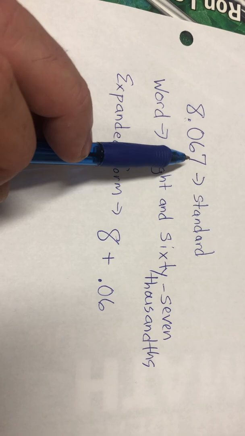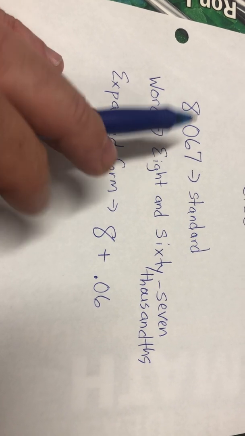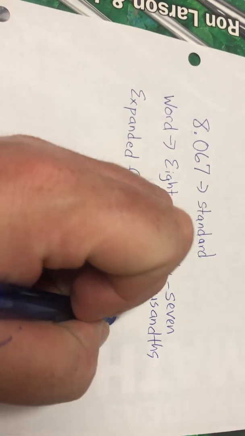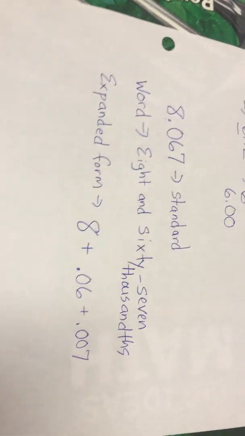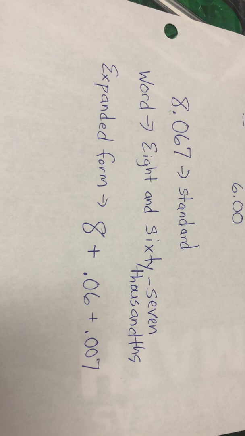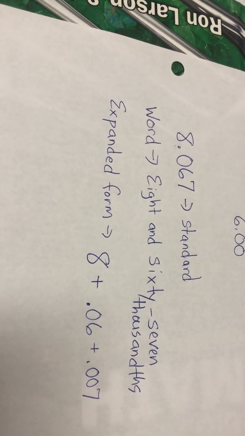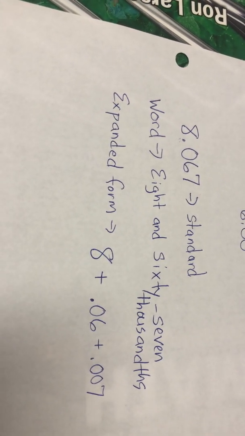What's the value of a 7 in the thousandths place? Well, that's 7 thousandths. So I'm going to write plus 0.007. And that would be that number in expanded form.